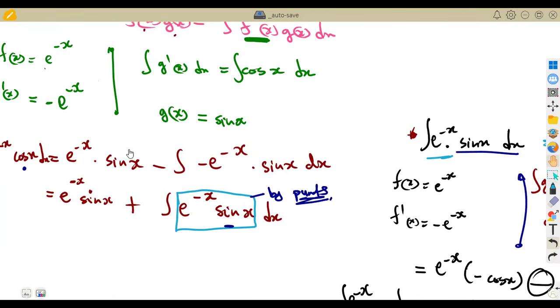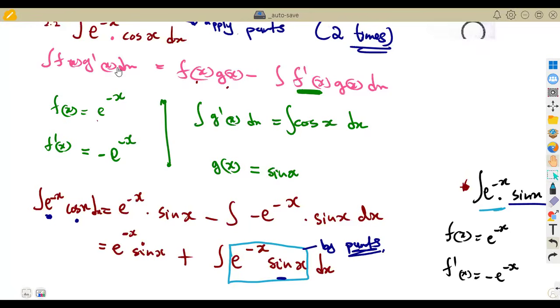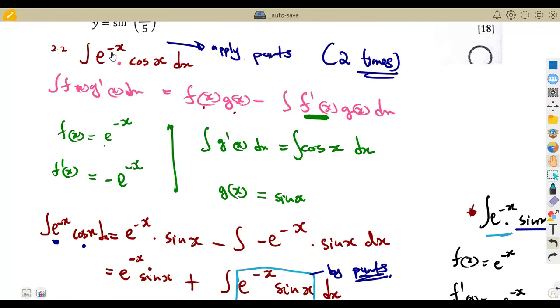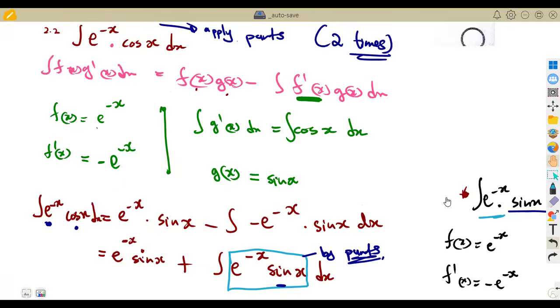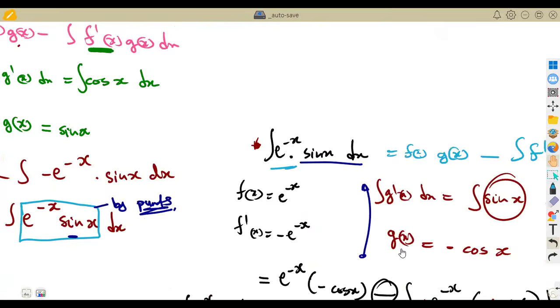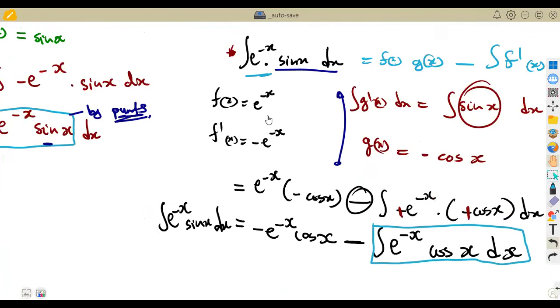That was our original question, e to the exponent of minus x cos of x. So we are not going to repeat again, because if we repeat our by parts, we are going to have the same answer as before, and it is going to be a continuous repetition.